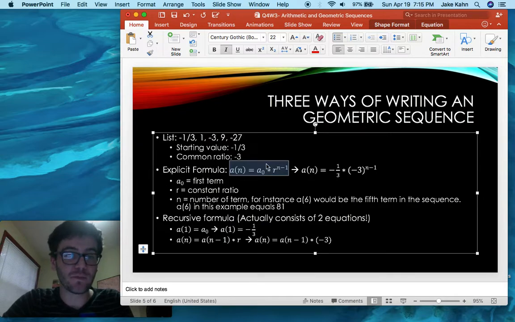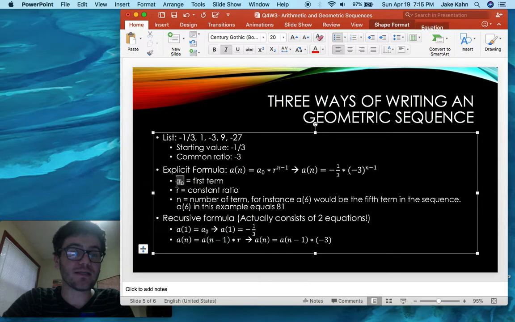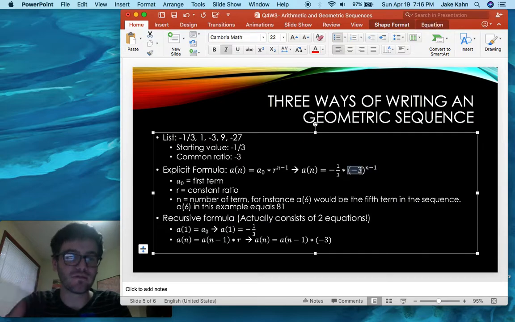For our example, a sub naught is the first term, so we plug in -1/3. r is your constant ratio instead of your constant difference, so we plug in -3 because we multiply by -3 each time to get that next number. And then we still keep it to the n minus 1 power.